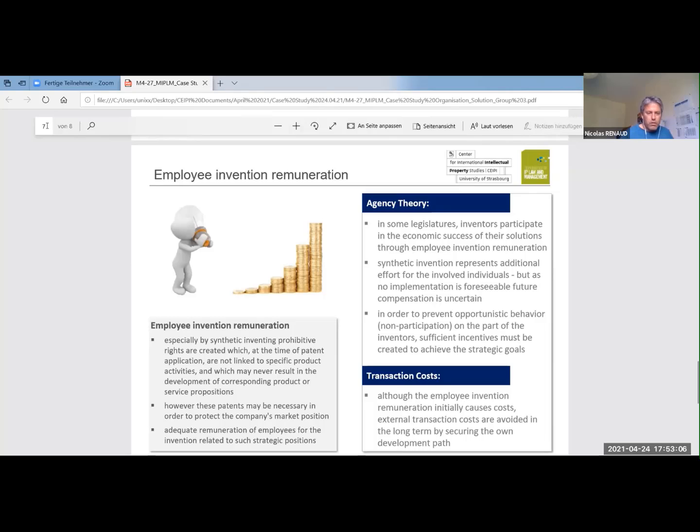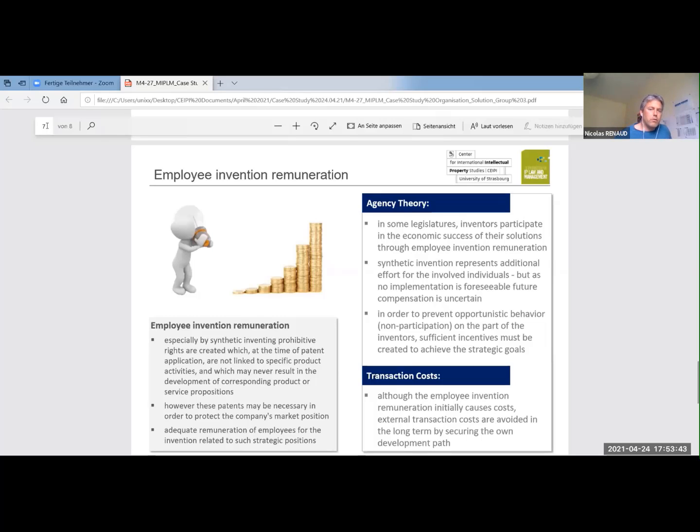Those patents, or IP rights in general, will never be exploited, will never generate any direct income, let's say. So if the remuneration system of the company or the country is only based on the exploitation revenues of the invention, then this remuneration will be quite low for patents that are generated to build a market position for the company.